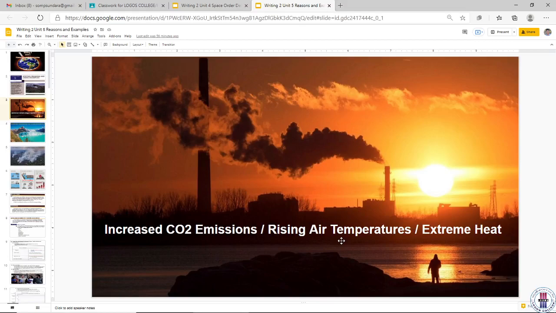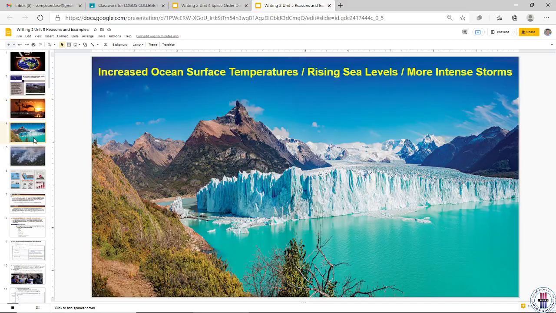So climate change. What are some reasons for climate change? One reason is the increased CO2 emissions. And an example of this is the rising air temperatures. It's hotter every day. There's more extreme heat all throughout the world. Right? So there's a reason, and here's an example. 2 examples support this reason right here. What else? Another reason of climate change, increased ocean surface temperatures.